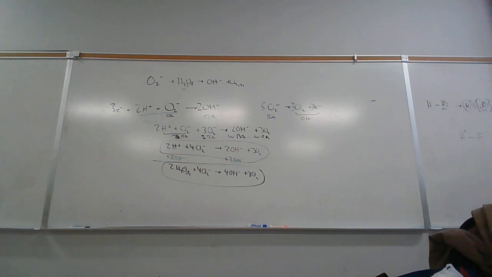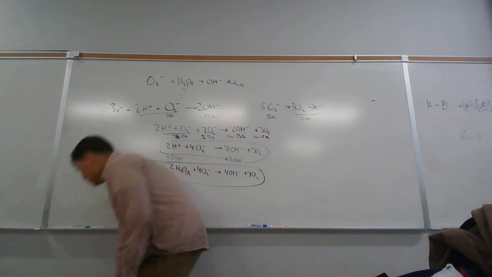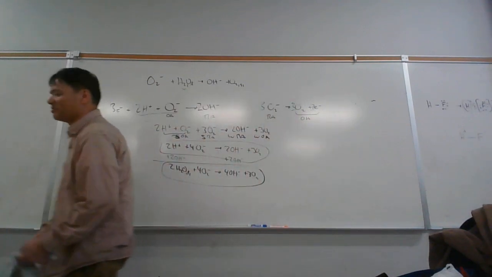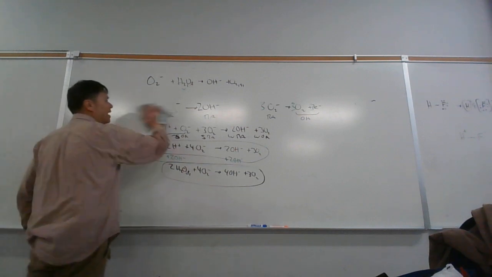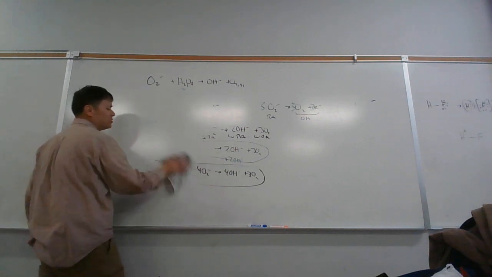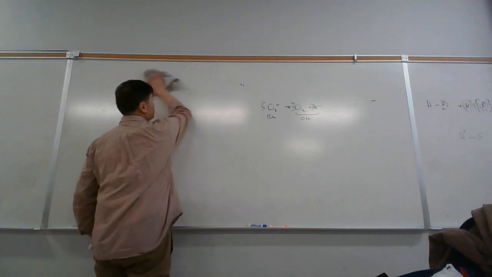Okay, so we talked about manometer and simple gas law. Actually, there are 2 simple gas laws you probably should be aware of. One is Charles' law. Why bother remembering Charles' law? Yeah, volume and temperature.